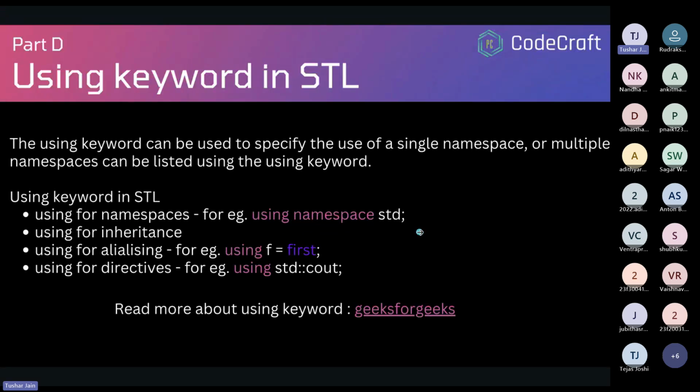Namespace is not exactly a container, but std is sort of a namespace. So we can use using to call this. Using can also be used for inheritance, for aliasing, like using f = first. And we can also use using for directives, like using std::cout. You can read more about the using keyword from Geeks for Geeks.